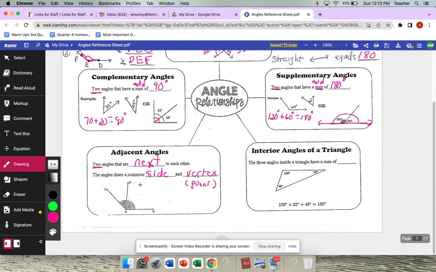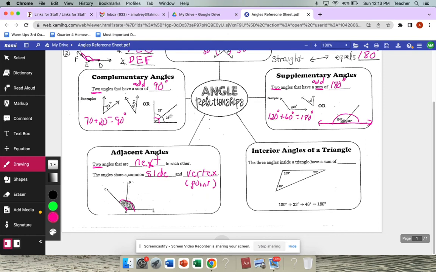Okay, so two angles that are next to each other. Like when you're sitting at the lunch table, the person in the seat right next to you, they are adjacent to you, they're next to you. So here they are, they share a side and they share this vertex as that point. And these are called adjacent angles.